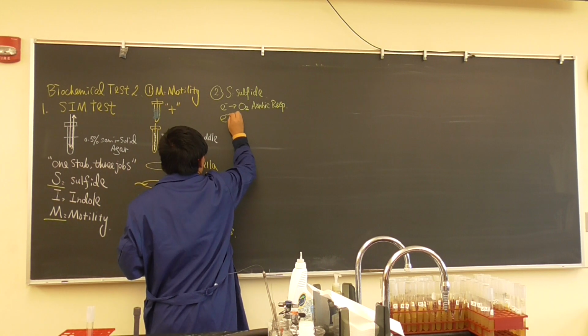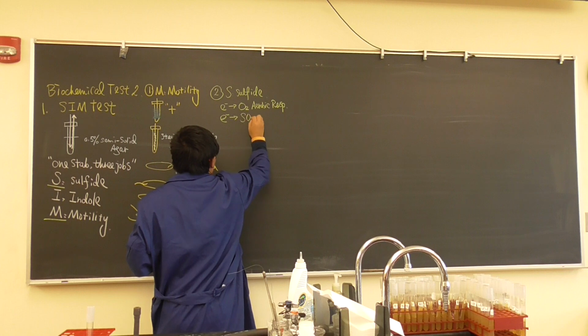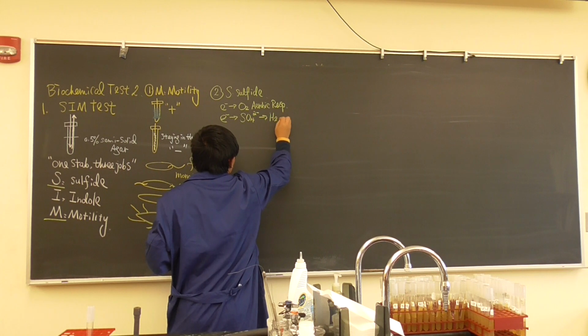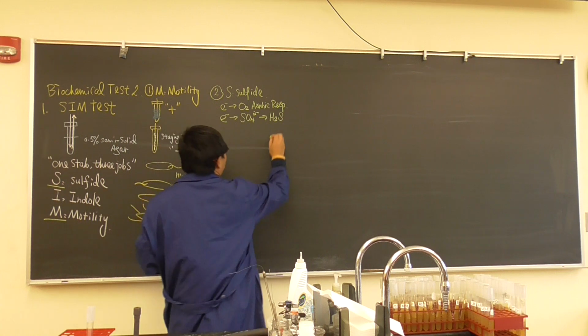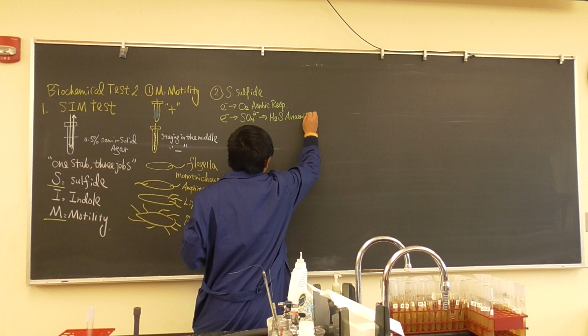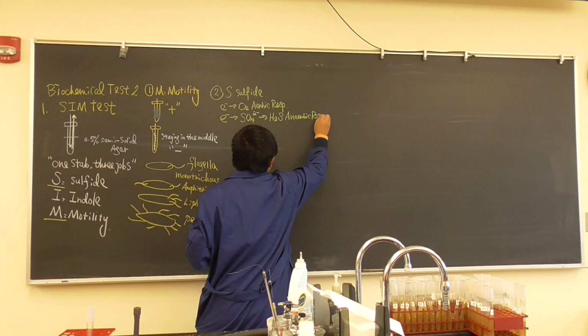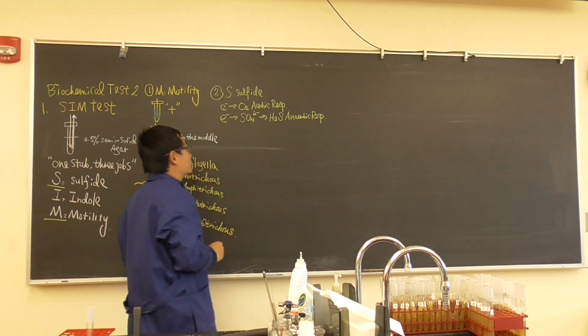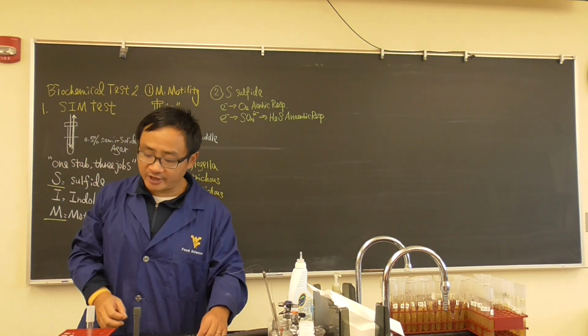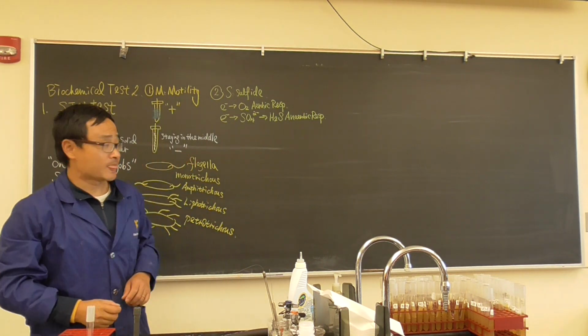If electrons are transferred from sulfide, reduced to H2S, this is called anaerobic respiration. Some of the bacteria can use sulfide as an energy resource and the final electron acceptor.